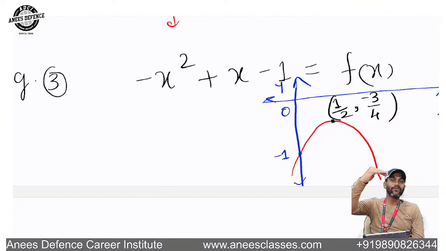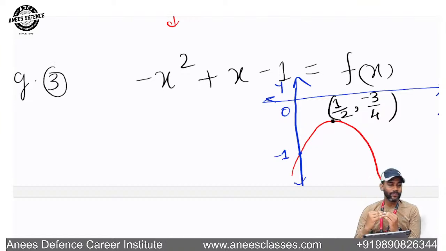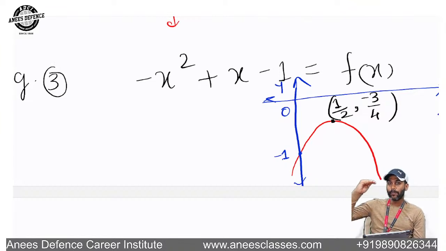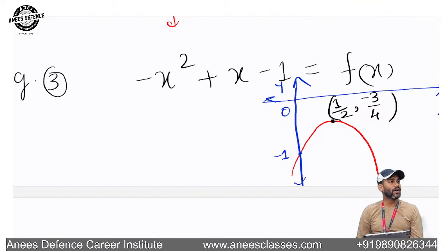We cannot go above minus 3 by 4, that is why that is the maximum value. If the graph is downward, you get a finite maximum value and minimum minus infinity. If the graph is upward, you get a finite minimum value, that is minus D by 4a, and the maximum value would be plus infinity.